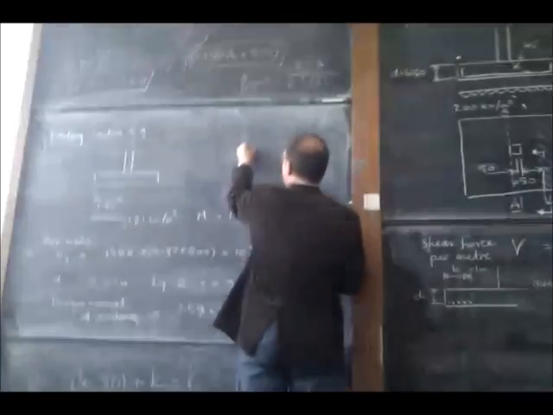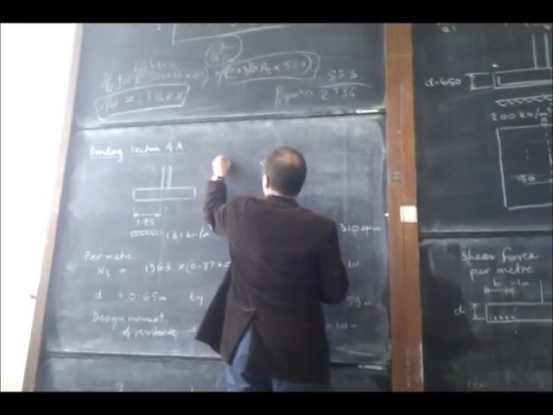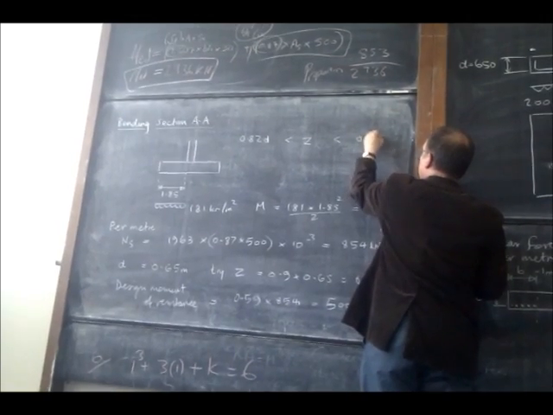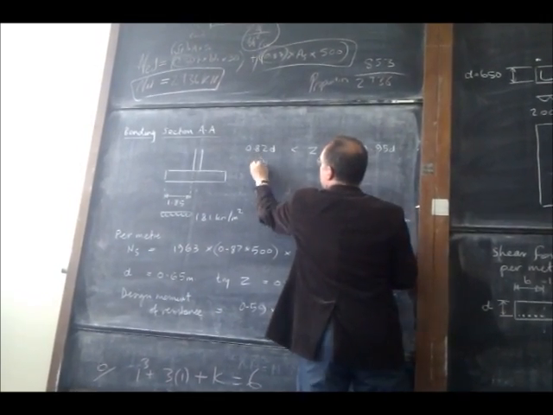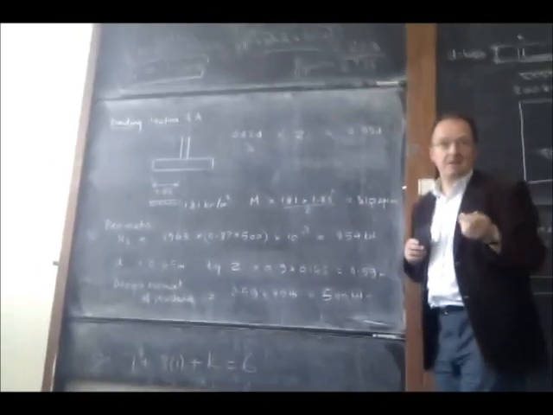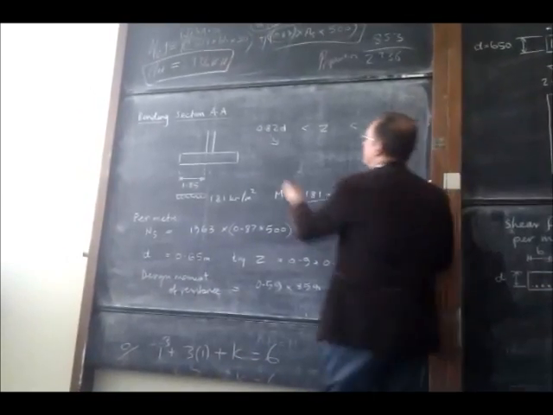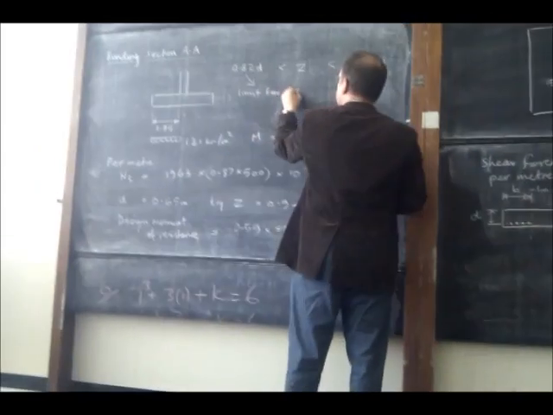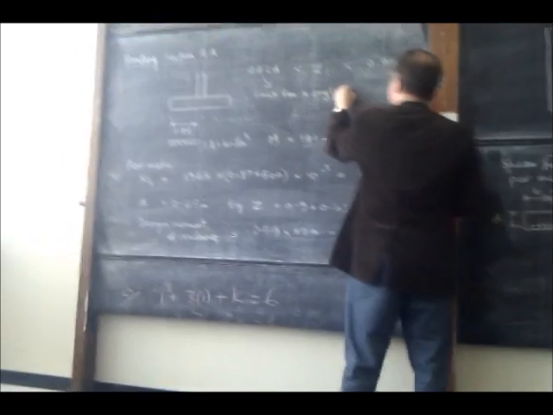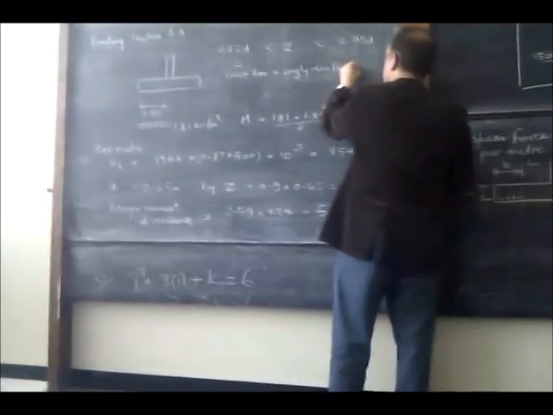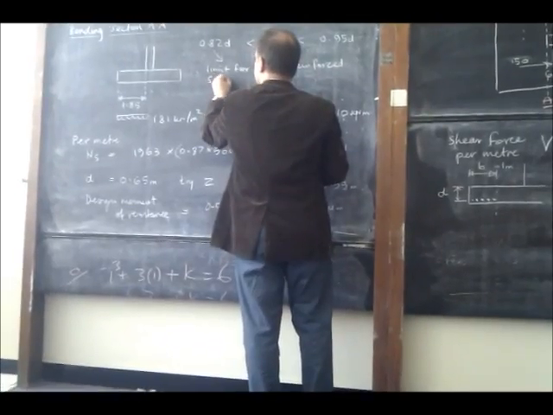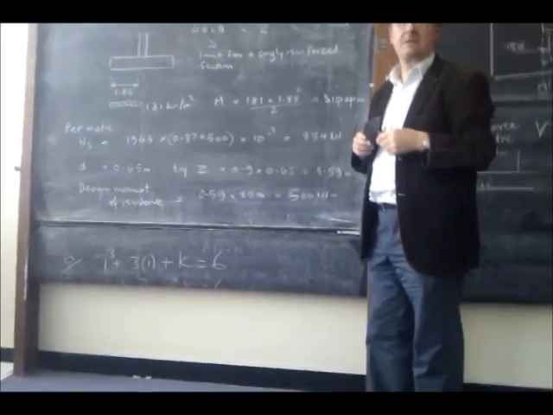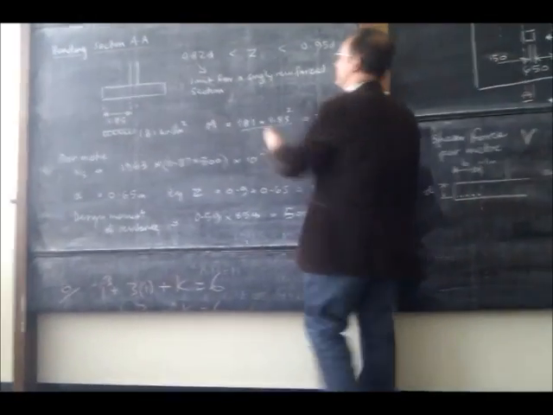In summary, we've got Z between these two limits. That lower limit is the limiting value of Z for a singly reinforced section. It's related to x less than 0.45d, I think.